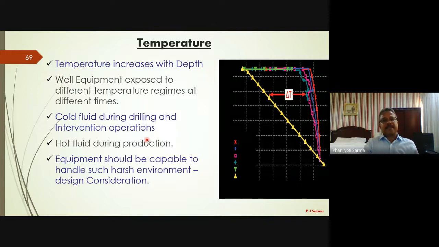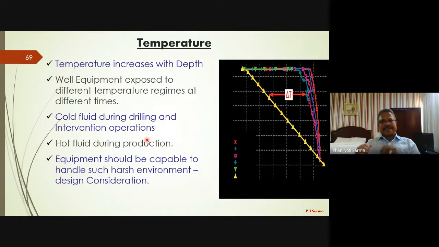Then the temperature itself is a hazard. As you go deeper and deeper, the well fluid temperature is high, and as you produce the well, the whole wellbore equipment is exposed to the higher temperature. Then during the well intervention, we inject cold fluid. When you inject the cold fluid, it cools down the completion, which is already set according to the geothermal gradient.